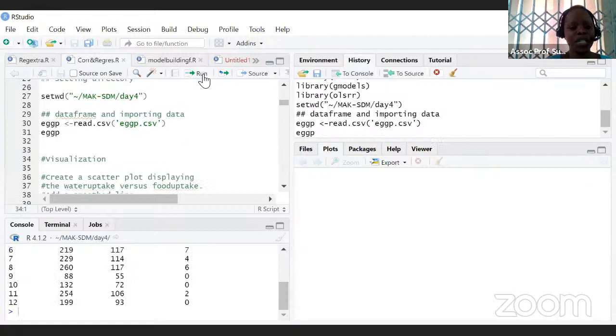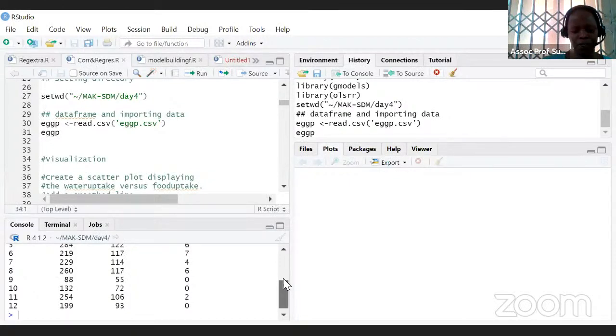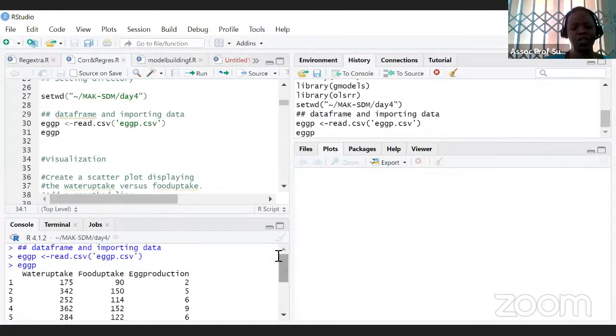When you read in your data called egg P, and then type egg P, it prints the whole data set. In case you want only the first 6 rows, then you use head in brackets egg P. So this data set has water uptake, food uptake, and egg production.